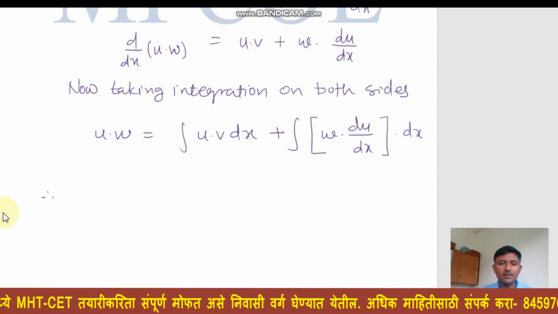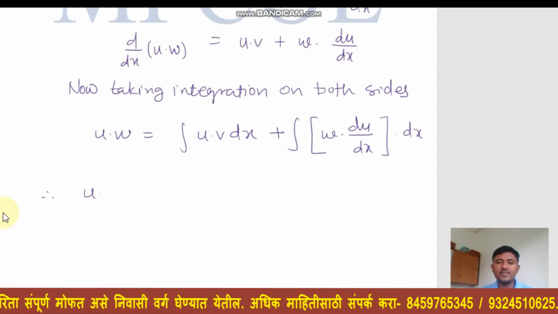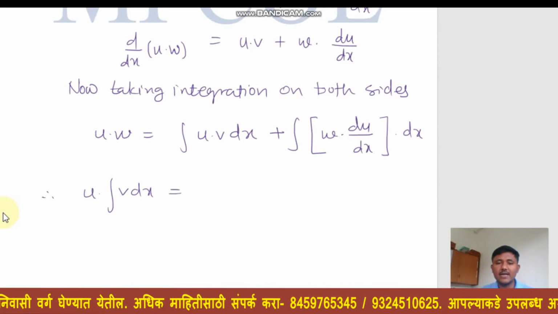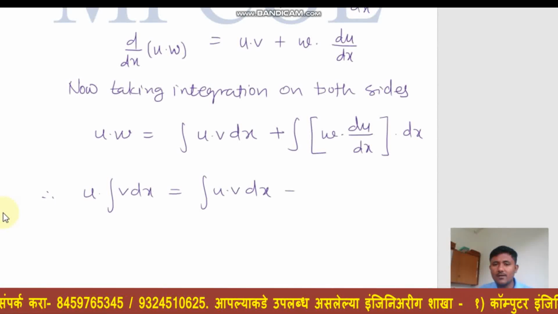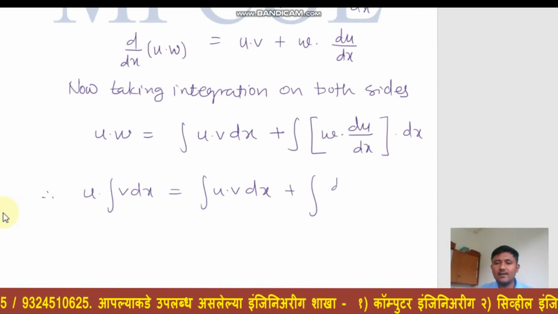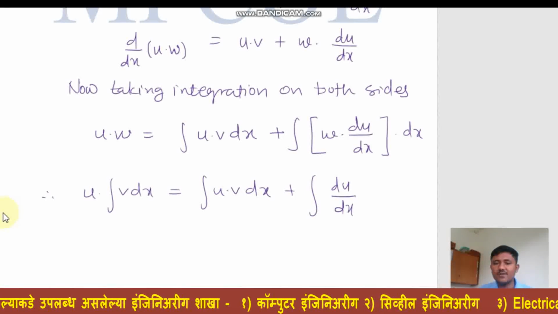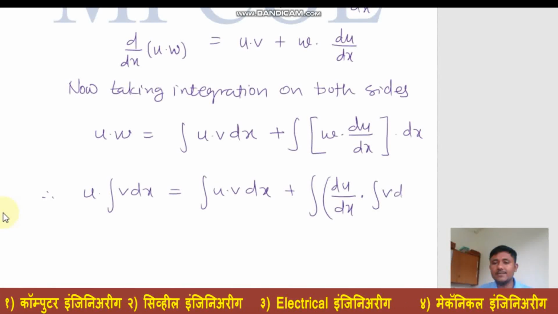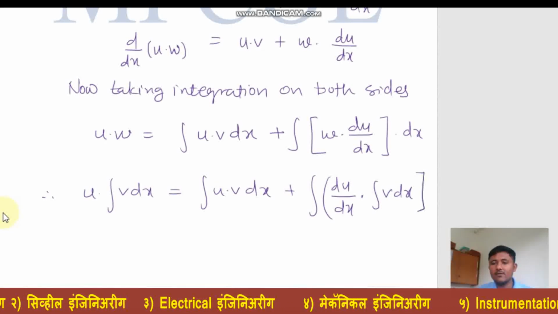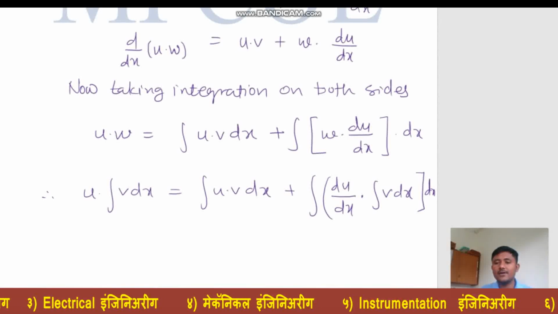Therefore u into w, where w means integral v dx, is equal to integral u into v dx plus integral of du by dx into w, that is integral v dx, into dx.